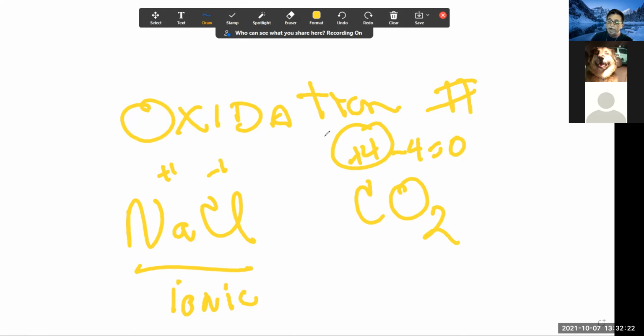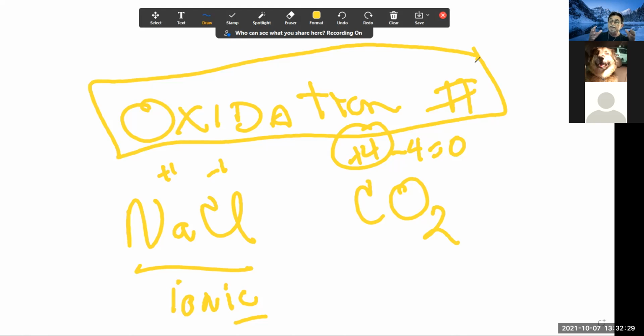We can't say charge because it's not ionic. And that's why we're going to start using the term oxidation number, because that applies to both ionic compounds or covalent compounds, okay? And that doesn't change anything from, it's in group 1, so that means that everybody in group 1 becomes an ion, has an oxidation number of a +1.